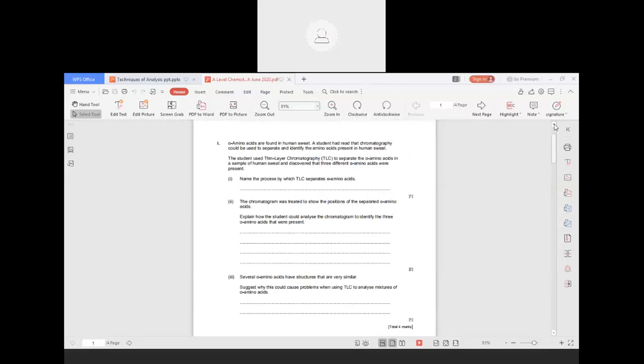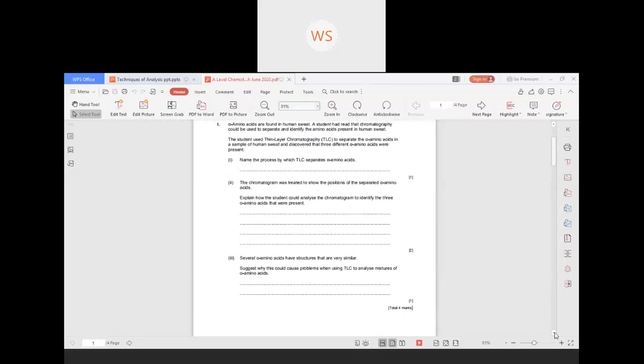Okay. The amino acids have structures that are very similar. Of course they are similar. Why similar? Because there is an amine and a carboxylic acid, just a different R group, different side group. Suggest how the student could analyze the chromatogram to identify the three amino acids that were present.